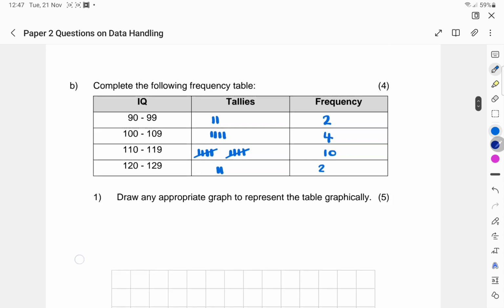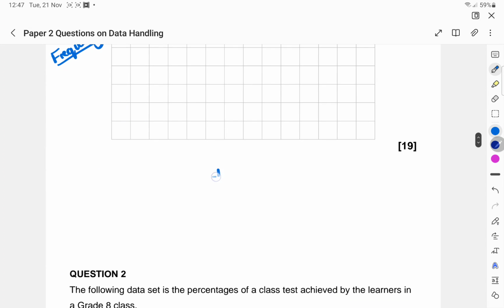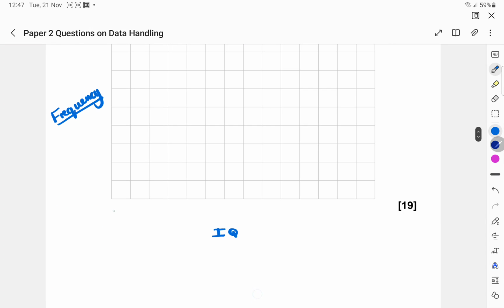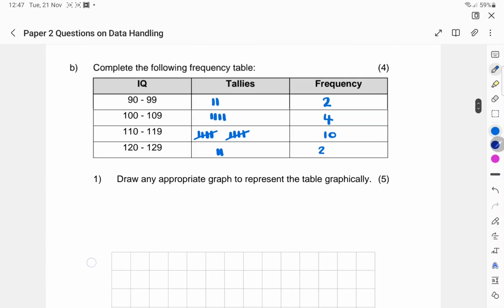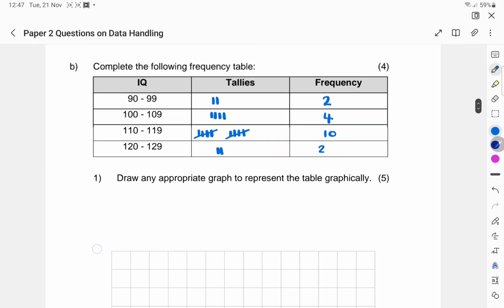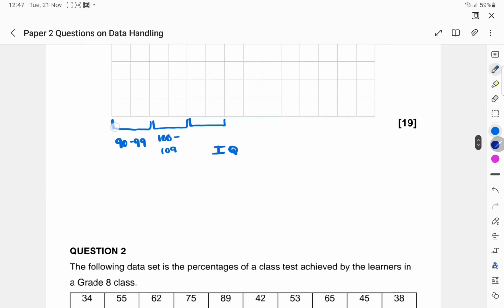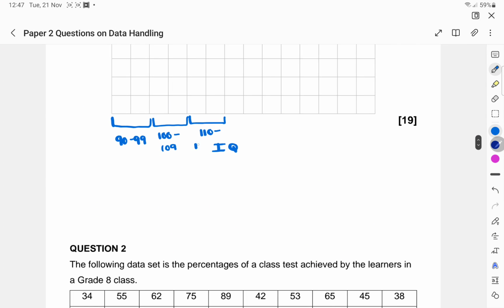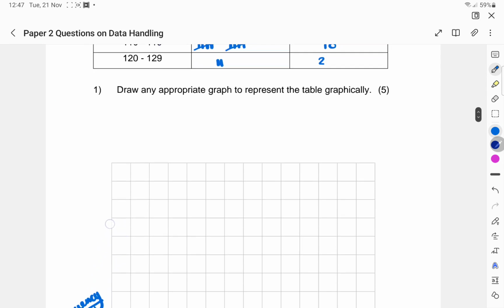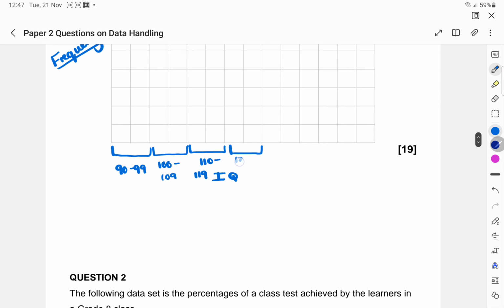At the bottom is going to be our IQ, and I'm going to put 90 to 99 there, then the next I'm going to put 100 to 109, then 110 to 119, and the next I'm going to represent as 120 to 129.